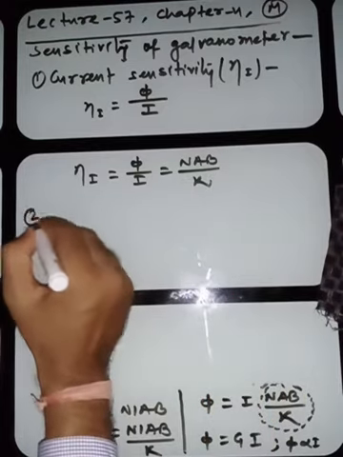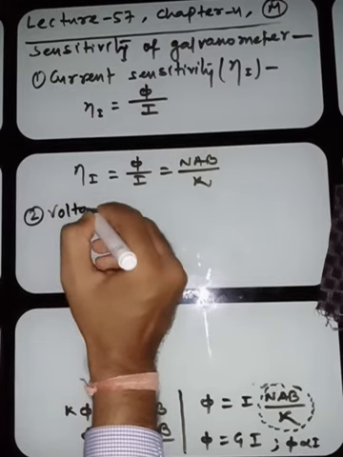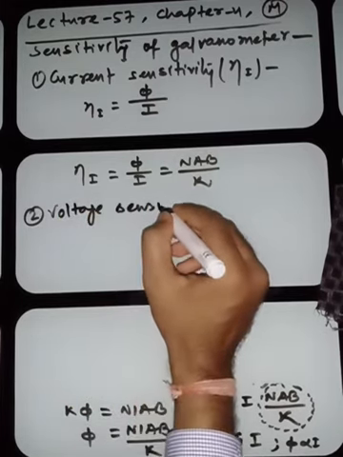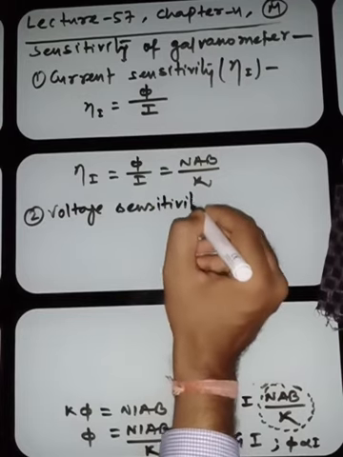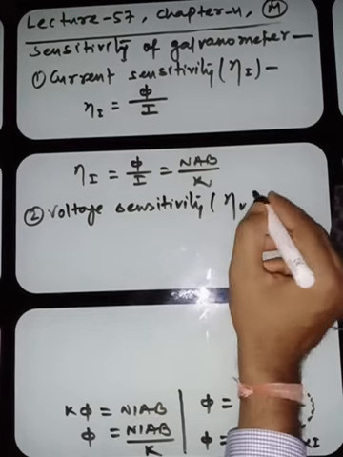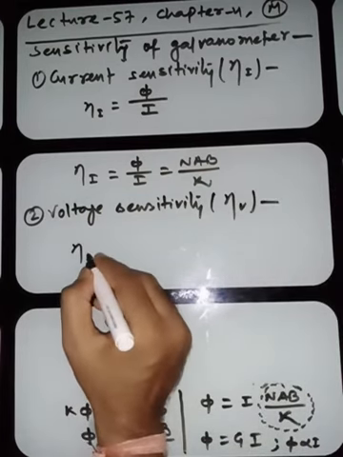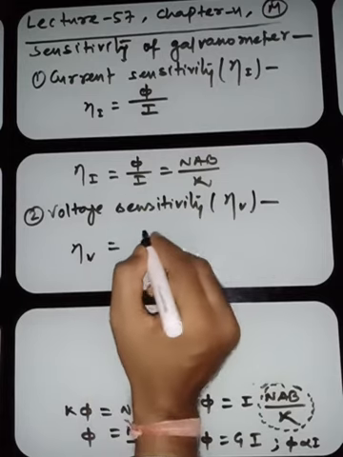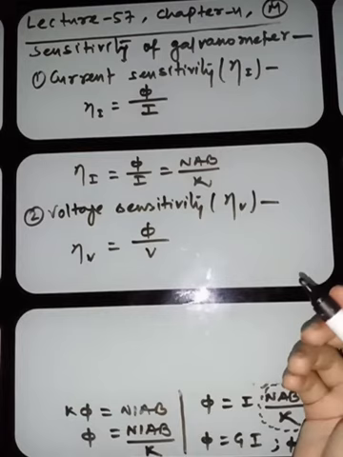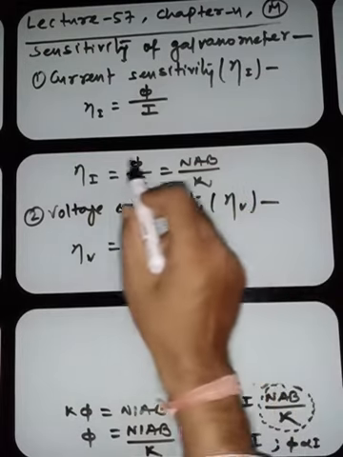Now the second, voltage sensitivity. My dear students, the voltage sensitivity we represent by eta V, and it is mathematically the deflection per unit volt. Now you can see in this formula how you will get voltage.